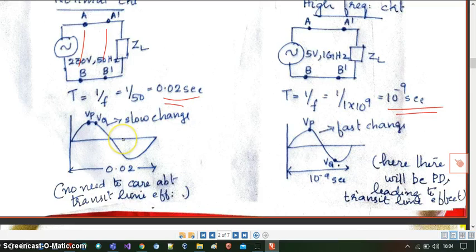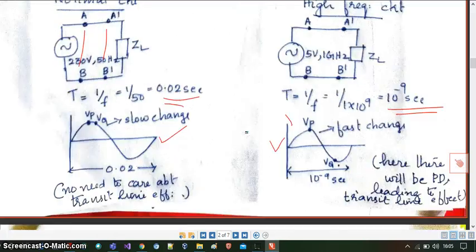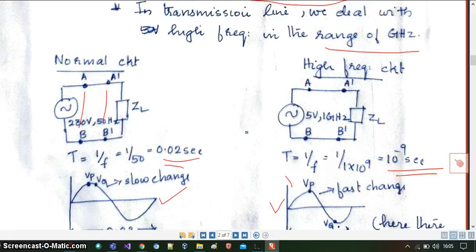Here the waveform will be changing from point to point very slowly compared to this case. That is why the transit time effect is of much importance in a high frequency transmission line.